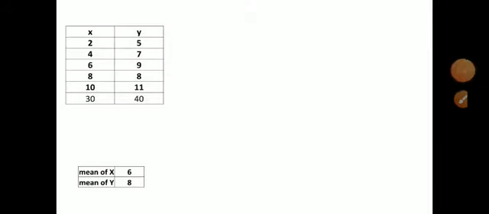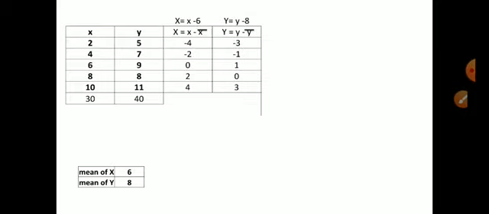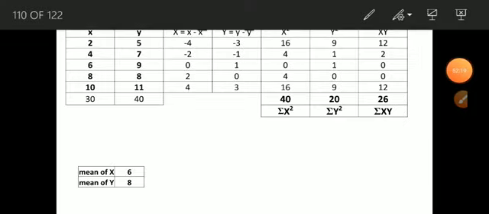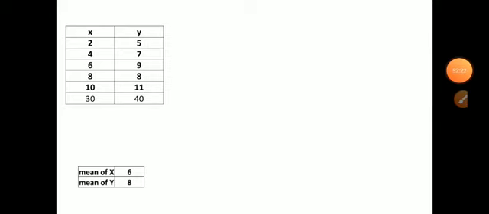Okay, sorry for the interruption. First of all, what do I have to calculate? We have to calculate the arithmetic mean of the x and y series. The arithmetic mean is calculated by summation x by n, which gives the x bar value, and summation y by n, which gives the y bar value. Adding the x values, summation x is 30.